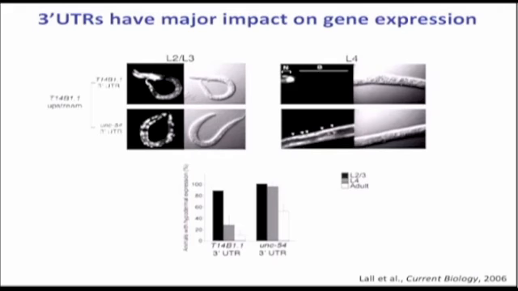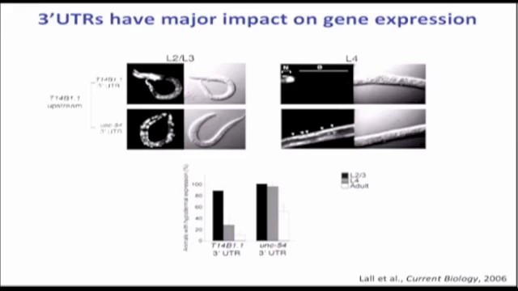So the person, Sabilal, was taking a GFP and expressed the GFP with a tissue-specific promoter in whatever tissue you want in this worm. And all she was doing, she was replacing the 3' UTR, adding either the 3' UTR corresponding to the same gene that she was using as a promoter, or adding a non-specific 3' UTR, a UTR that you know doesn't do anything, let's say.